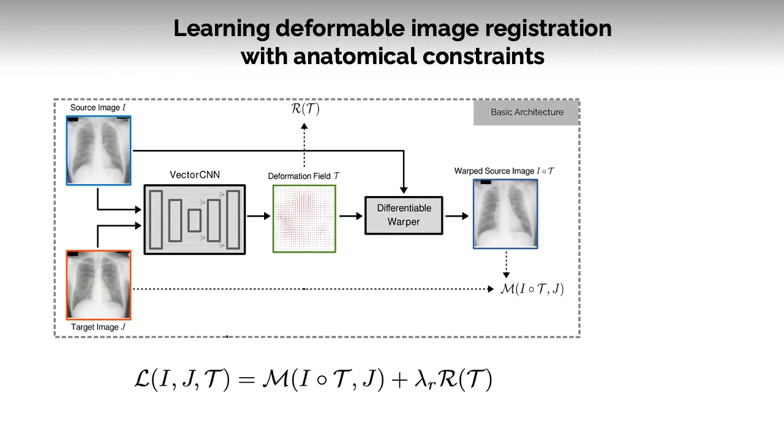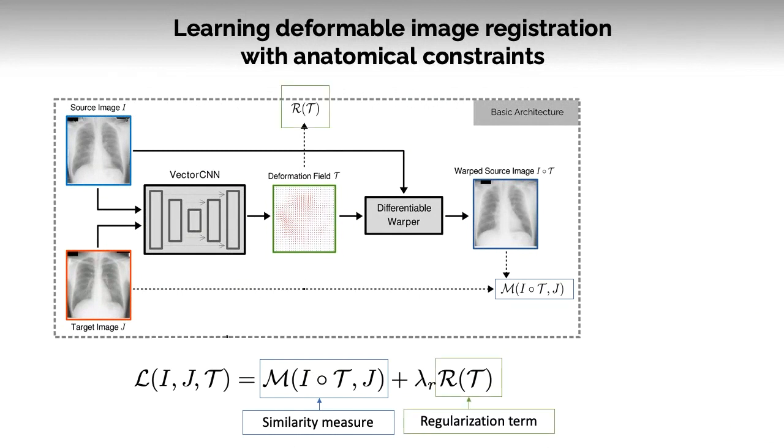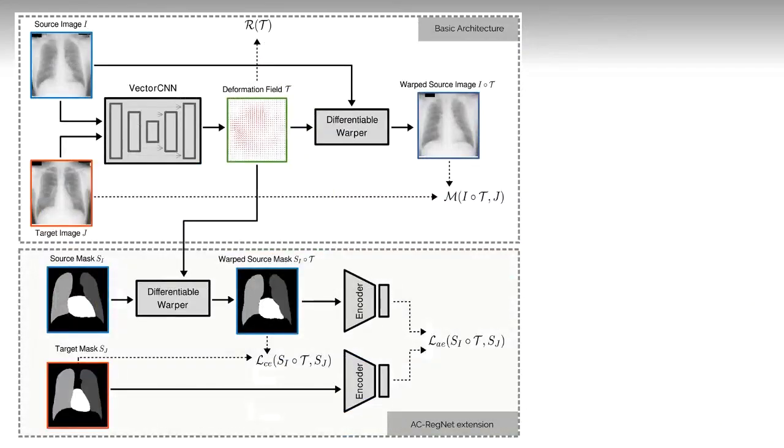Usually you do that only using image information. So you train that to minimize some kind of similarity measure based on the input image information, and you use some regularization terms to avoid extreme folding in this deformation. However, what we proposed in this paper was to use the same idea of these embeddings.